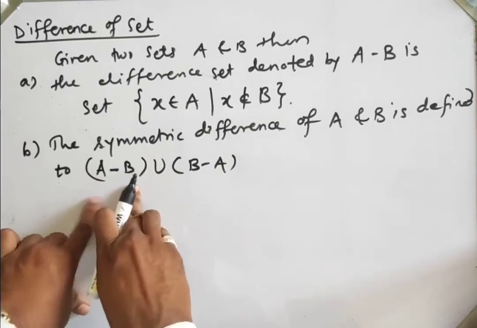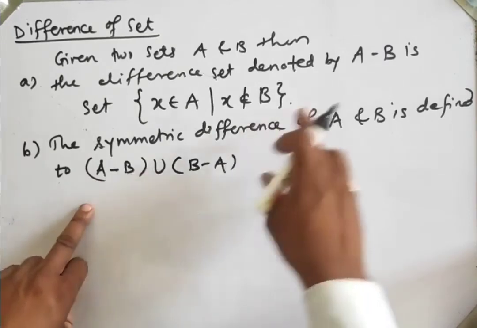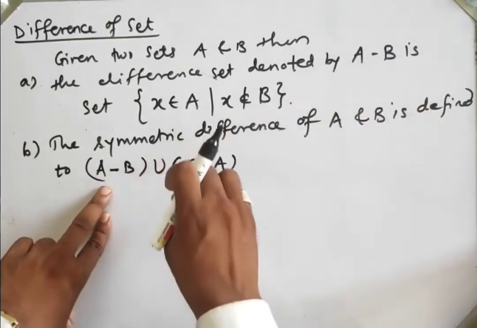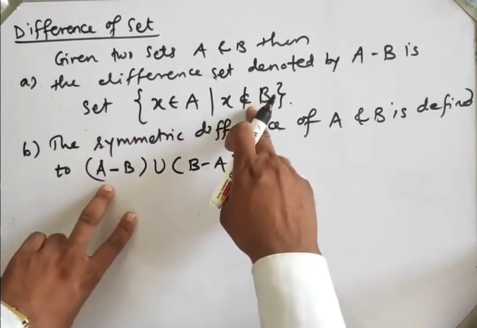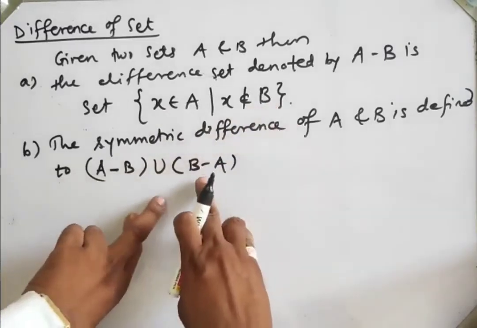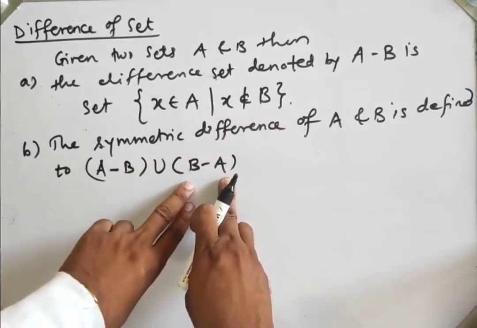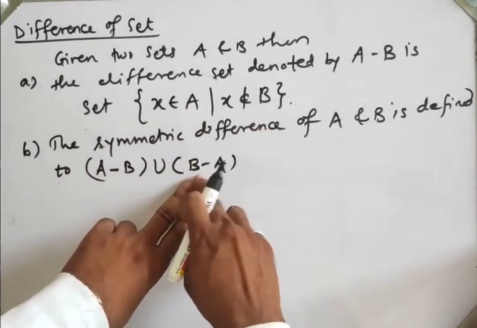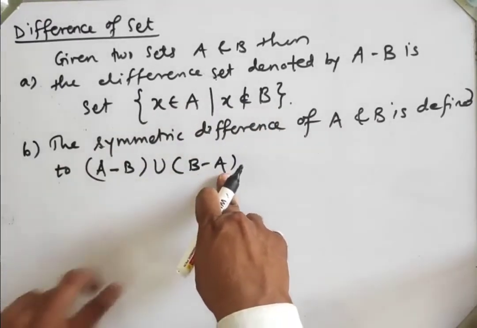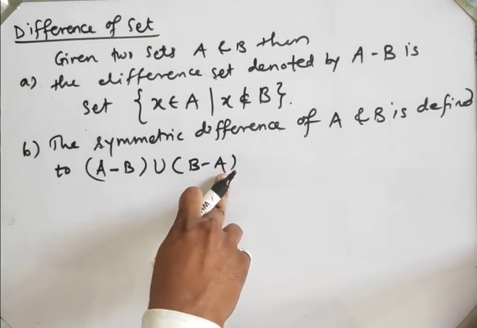A minus B is the difference set, the set of all elements X that belong to A but do not belong to B, and B minus A means the set of all elements X that belong to B but do not belong to A. This is the symmetric difference.